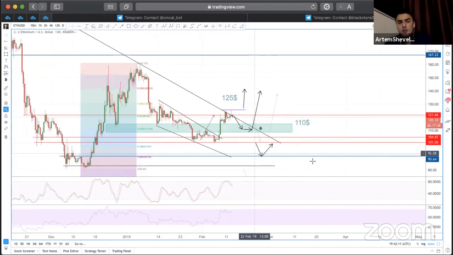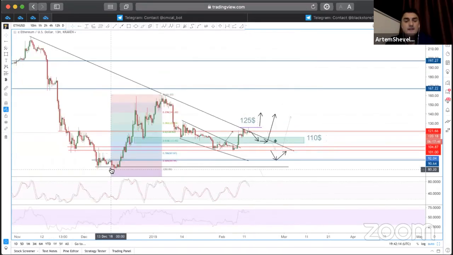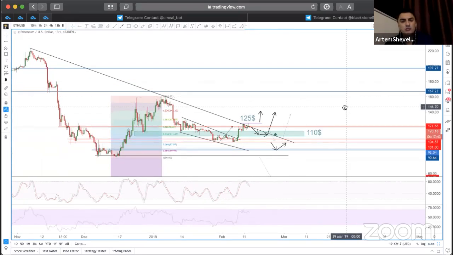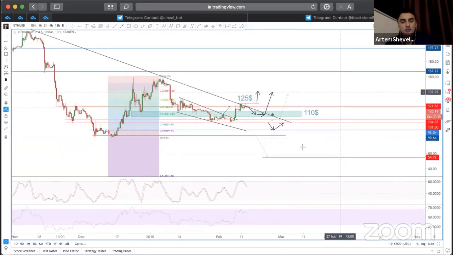If we break the previous lows, then it's not very bad, but it could make the price go to the 60 or 55 level, something like this, and after this, a quick rebound, because we're going to have a big bullish divergence on this move.